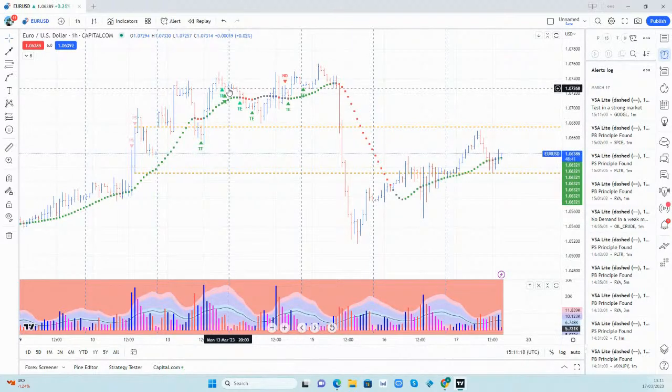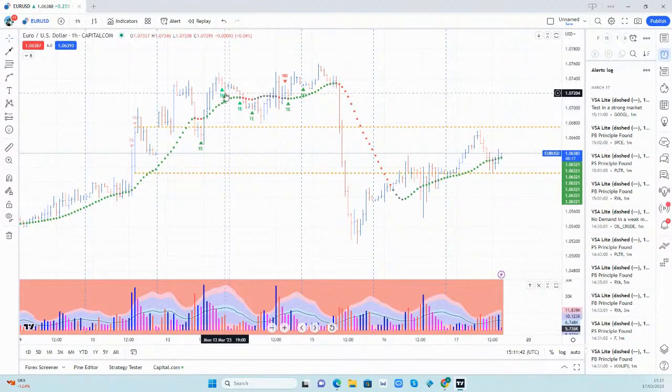Now you will say, well, shall I enter there? Potentially you could, because the market has come down but hasn't gone into the trigger area, and your stop loss should be just there anyway. So it never got into that area to stop you out. The market has pushed back up.